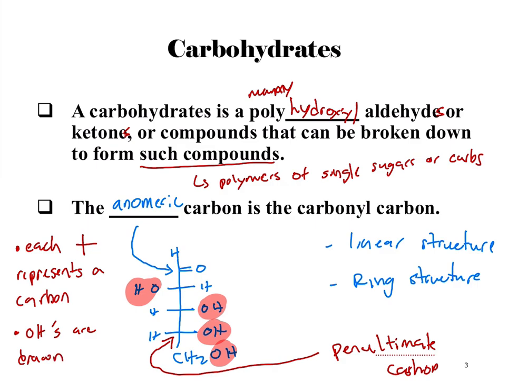So what I mean by that is that at each spot here, those all represent carbons. And whether we have an aldehyde or a ketone, that'll change the number of carbons. The OHs are explicitly drawn, so I don't think I needed to write that, because you can see that I drew all the OHs on this carbon.